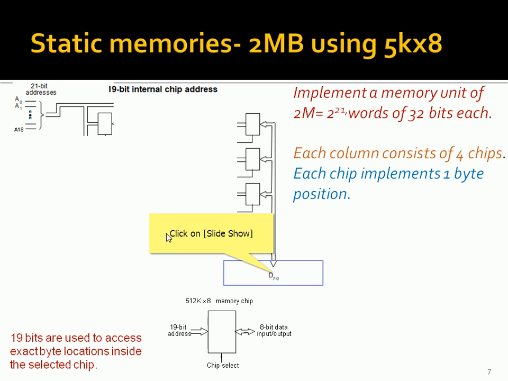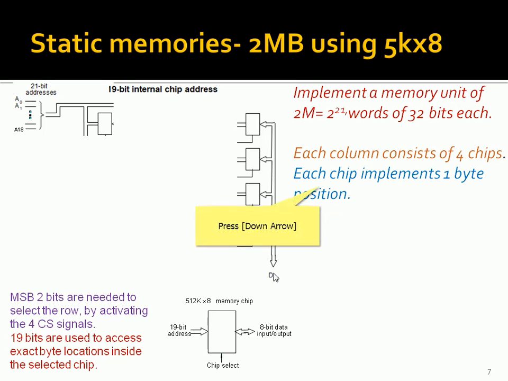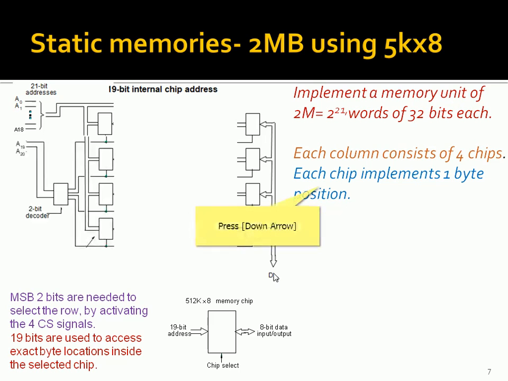So here 32 means 4 bytes, no? Out of 4 bytes, the first byte will be coming here, right? Similarly, the last byte, this is called 32. So here the total 21 address lines are there. Out of 21, 19 are already used in order to identify the internal location.